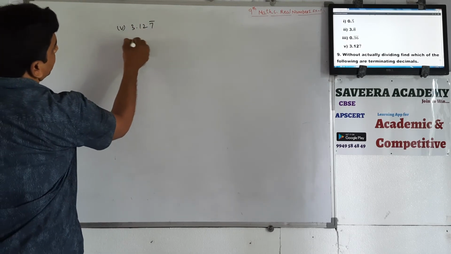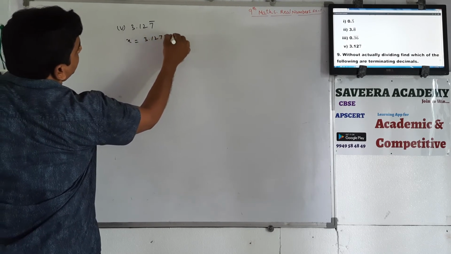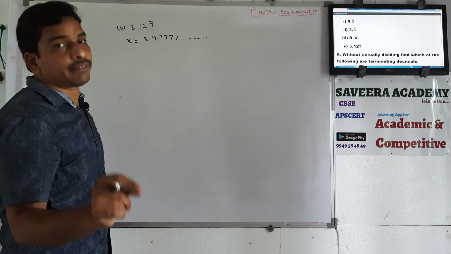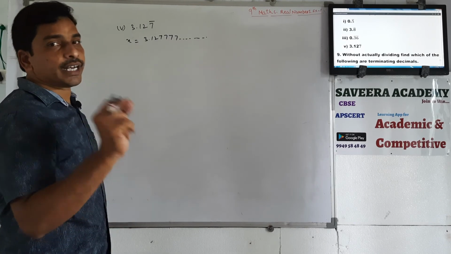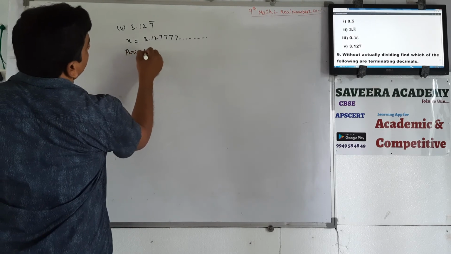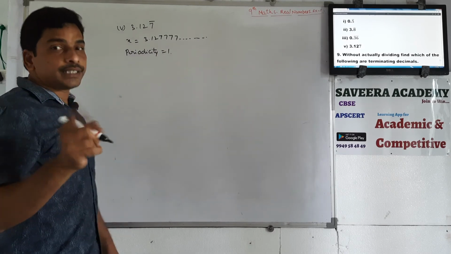Therefore x is equal to 3.1277777 and so on. Only the bar is there for 7, so 7777 like that. Periodicity is equal to how much here? Periodicity is equal to 1. Only one digit is repeating.